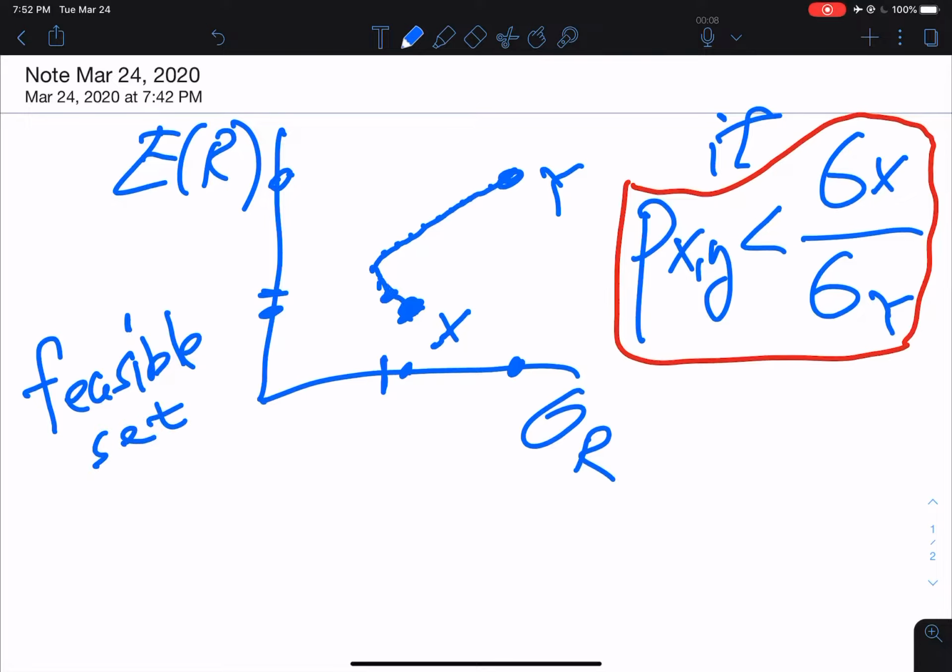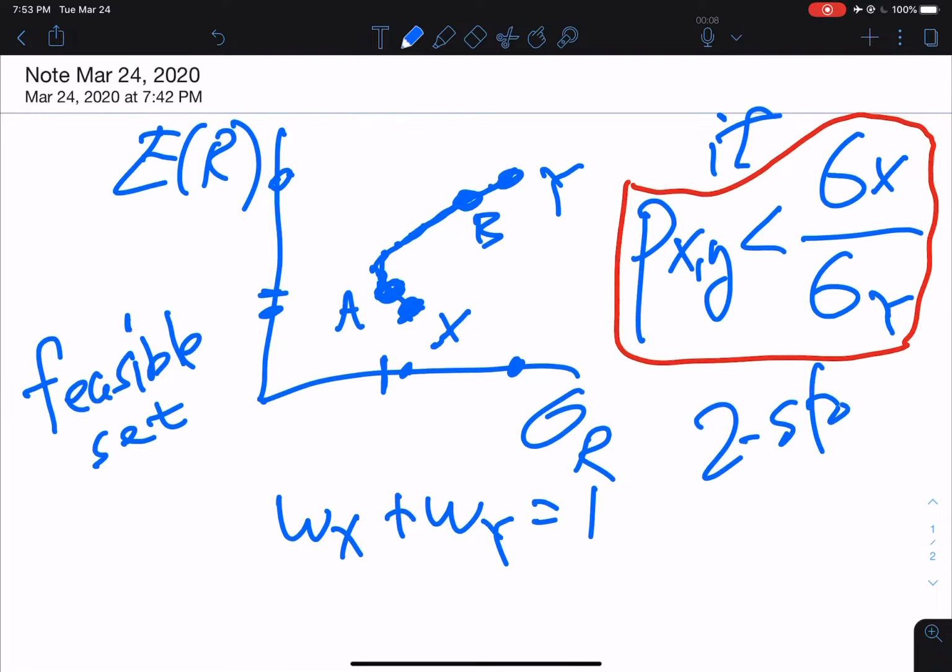It's all the portfolios that can be created from stock X and stock Y. The only thing you need to know to distinguish, say, this portfolio, call that A, from that portfolio, call that B, is the weight in X. Because if you know the weight in X, you also know the weight in Y, because this is the two-stock case. It's a simple case, but there's a lot to be learned. This is a valuable case.